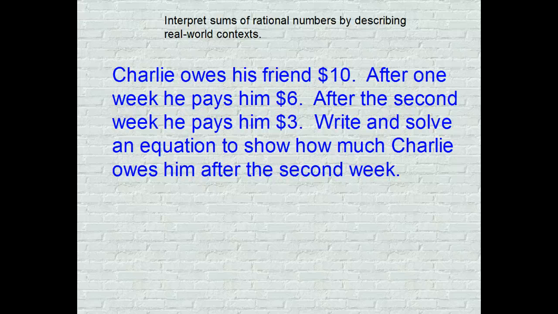So what do we start with? Charlie owes his friend $10. So here's the beginning of our equation. We have $10, and what do we have to do with that $10? Well, after the first week, he's going to give him $6, and then after the second week, he's going to give him $3, and then we have to figure out after the second week, what is he still going to owe his friend?